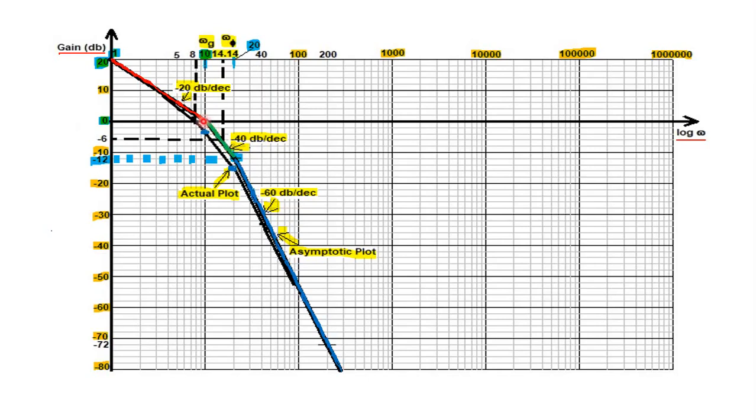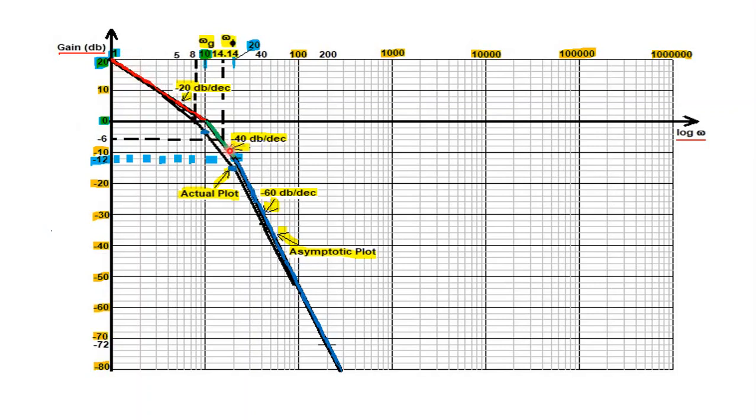Otherwise, if you take this, it will be minus 12 dB. That is, for 2 times increase in the frequency, there will be 12 dB drop, minus 12 dB per octave. Similarly, this minus 20 dB per decade is equivalent to minus 6 dB per octave, because this is 1, 2, that means 6 dB reduction, minus 6 dB per octave.